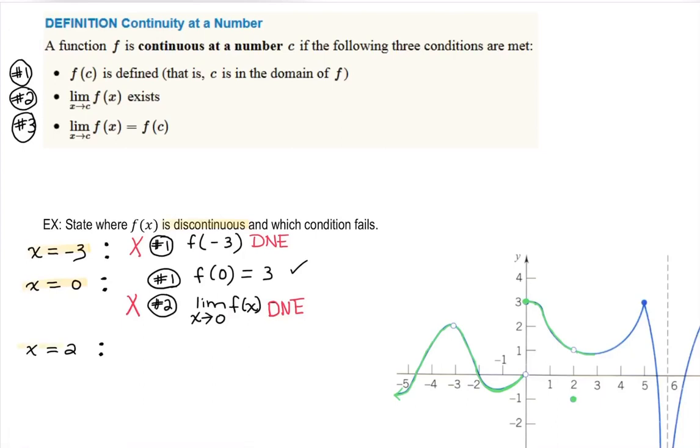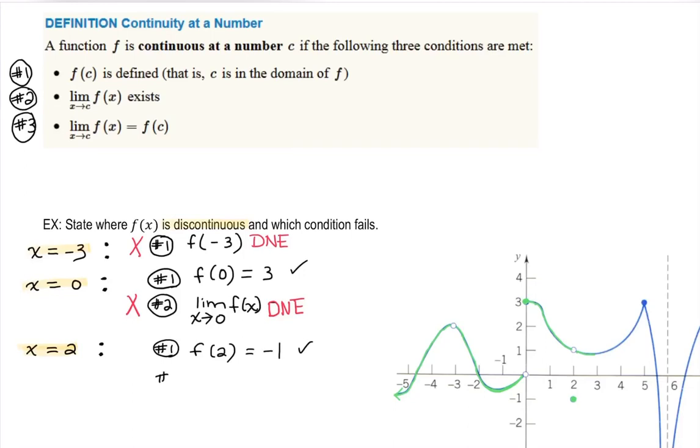Okay, let's go through our 3-part definition. My first condition, step 1, is to look at, does the point exist? What is f of 2? Well, looking at the graph, there is a point. It exists at -1. That's kind of like what I used to call the pre-calc question, right? Just where's the point? Okay, passes step 1.